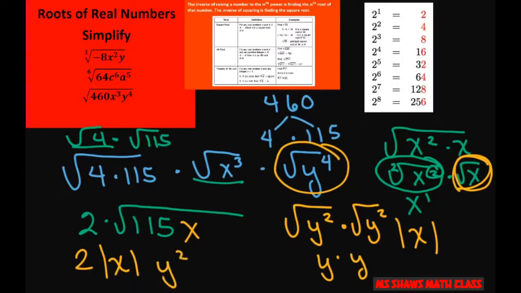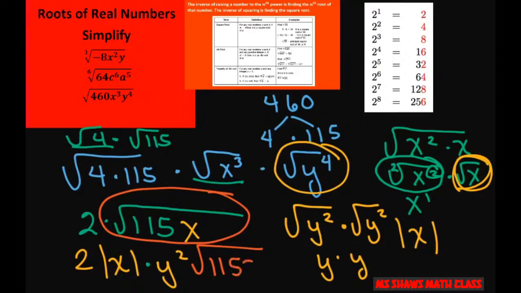Now this one we don't have to put the absolute value sign on, because if you put a negative in there, it's going to turn positive. So your final answer is just going to be 2 times the absolute value of x times y squared times this radical that I've been working on, the square root of 115x. And that's your final answer.